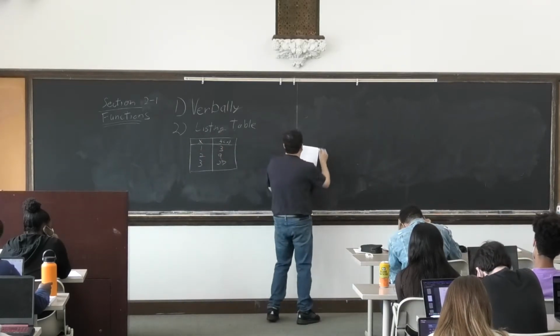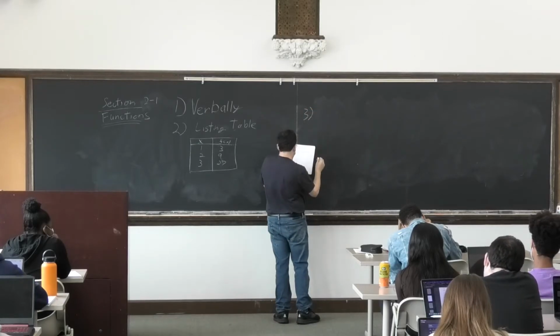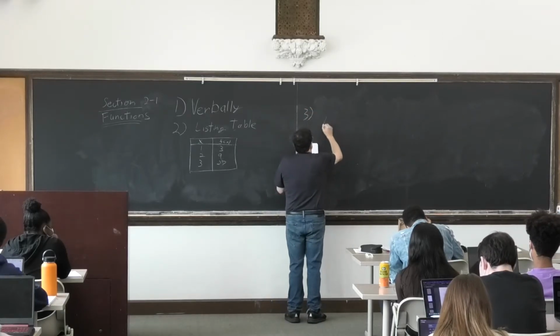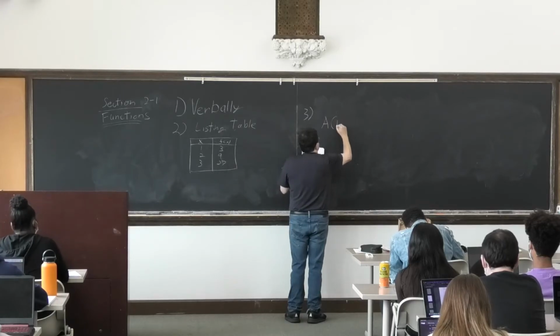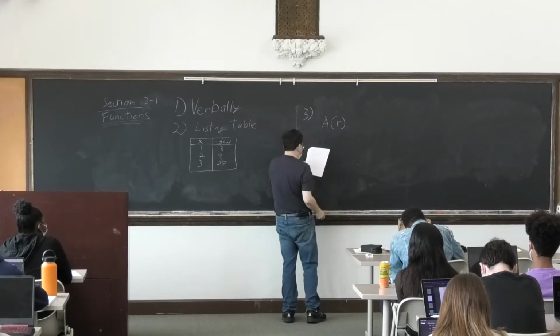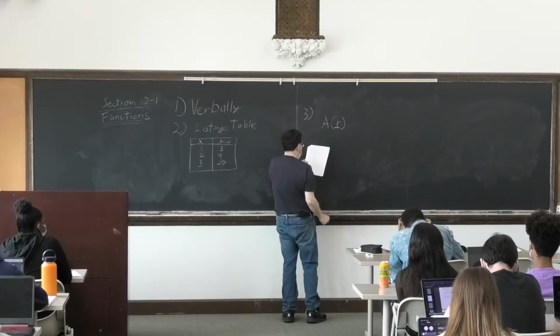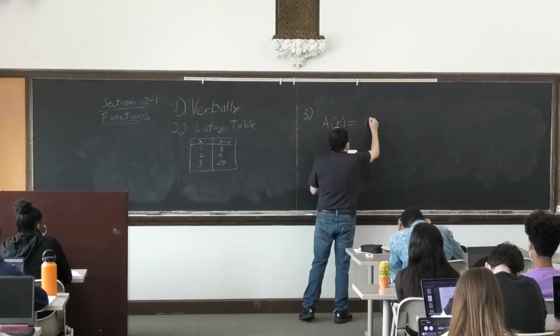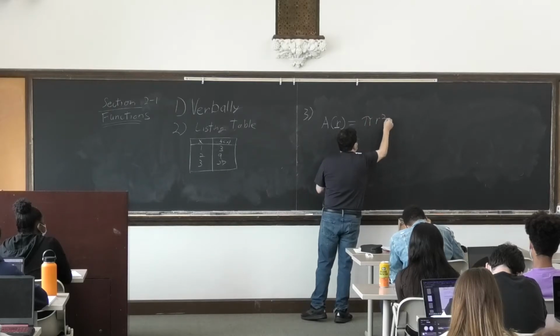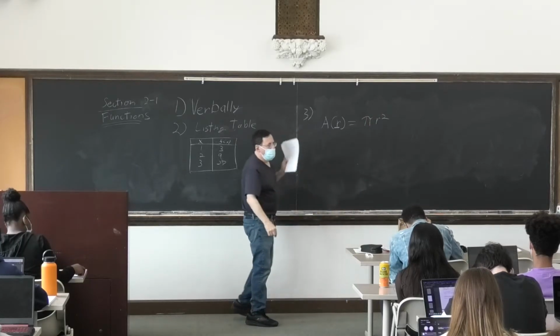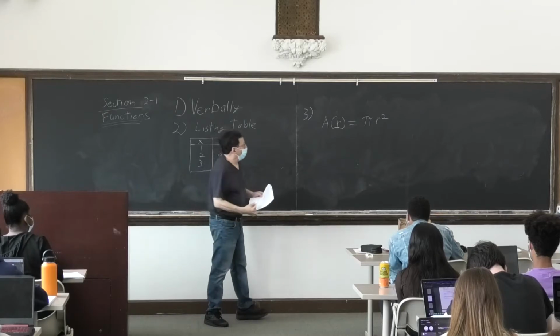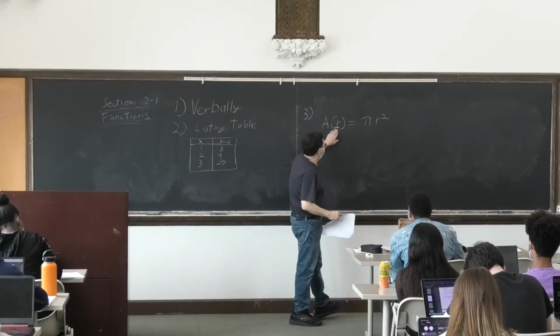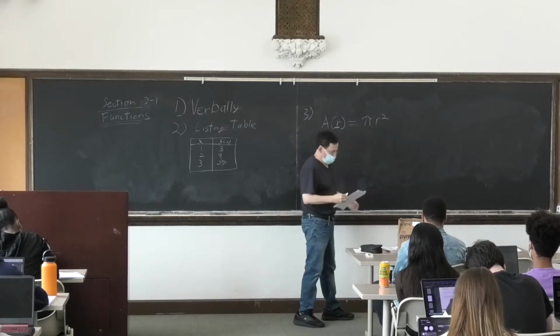You could use an algebraic expression. Like here's a common one we use. This is a function of something. I'm using the variable r. I don't always need to use x. And let's say pi r squared. And then you're going to go, this is the function that maps the radius of a circle to the area within it.